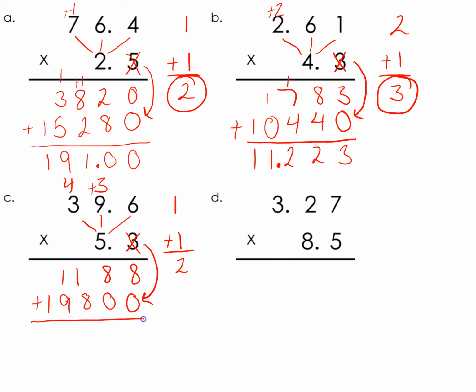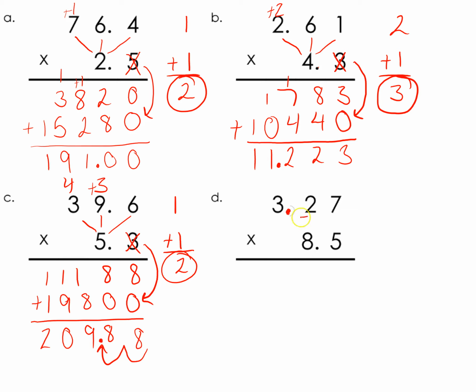Add that all up. 8, 8, 9, 10, carry my 1, 2. And then I move my decimal over 2 places. So I come to the back of the number, 1, 2, decimal goes here, 209.88, and we would read that number as 209 and 88 hundredths.